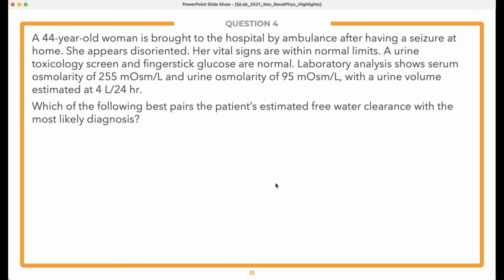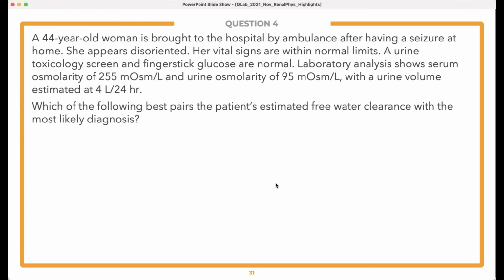A 44-year-old woman is brought to the hospital by ambulance after having a seizure at home. She appears disoriented. Her vital signs are within normal limits. A urine toxicology screen and finger stick glucose are normal.